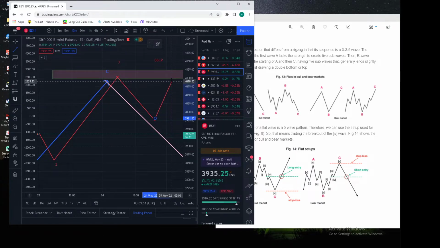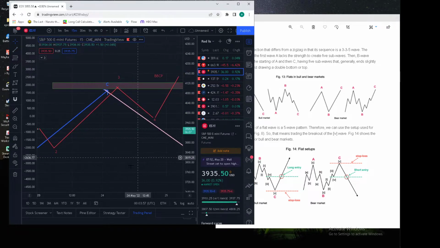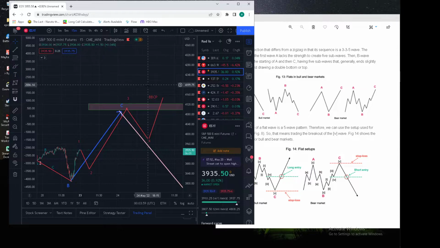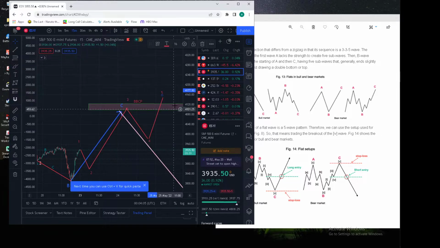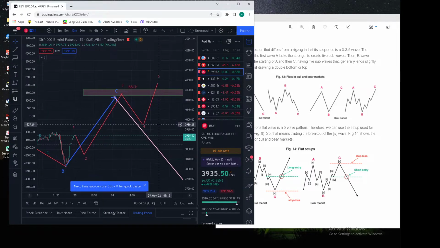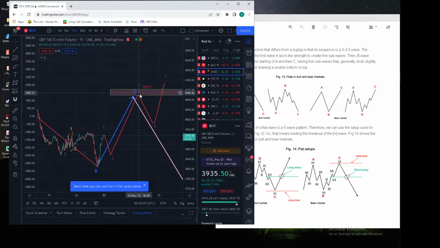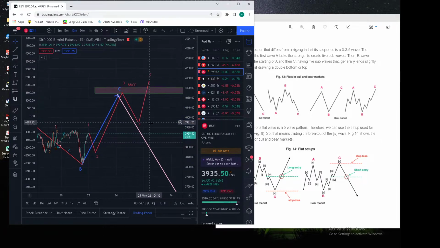Let's round it up. All right, let's see here, right? So wave 1 and 5 are usually around the same length, so we have a bullish and bearish converging point at 309.